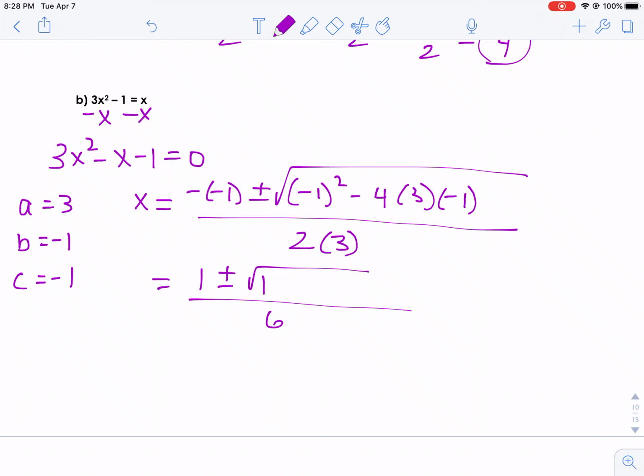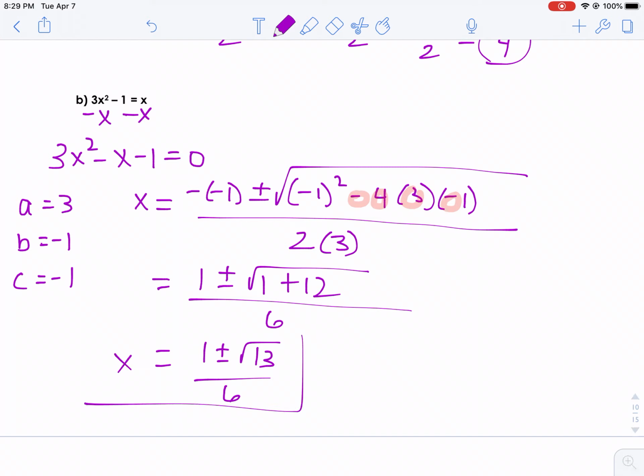We would have 1, and then when we take 4 times 3 times negative 1, that gives us negative 12, and we have minus negative 12, so that would be plus 12. So we have 1 plus or minus root 13 over 6. We don't know the square root of 13, so this one we can just leave as our answer. So this technically is two answers, 1 plus root 13 over 6, and then 1 minus root 13 over 6.